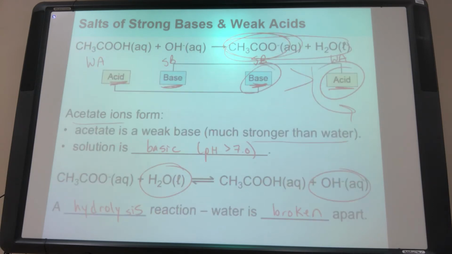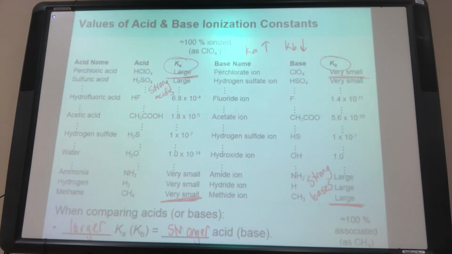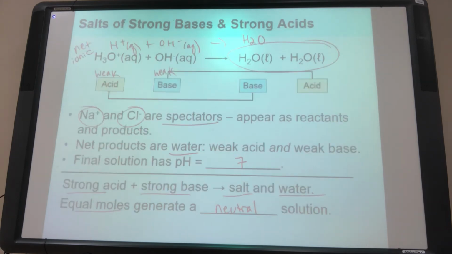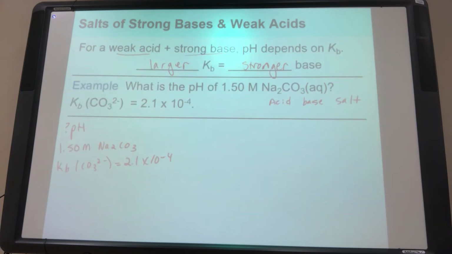It doesn't matter if we're doing that problem, say this problem, or the problem before. If I'm trying to find it, you gotta figure out what it is. To figure this out, if this is in parentheses, then it's automatically a salt. If there's nothing in parentheses, then it's not a salt, it's an acid or a base, and those are the ones that you have to have in the chart.